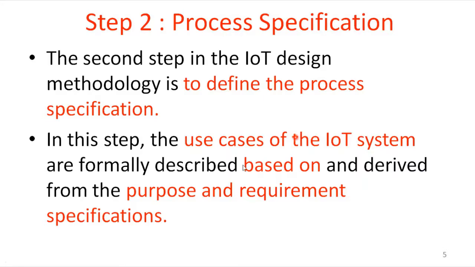That means in this step, you have to identify the use cases for the system. How can you get these use cases from the previous step? What is the previous step? The requirement specification. From the requirement specification, you are going to design the use cases in this process specification.